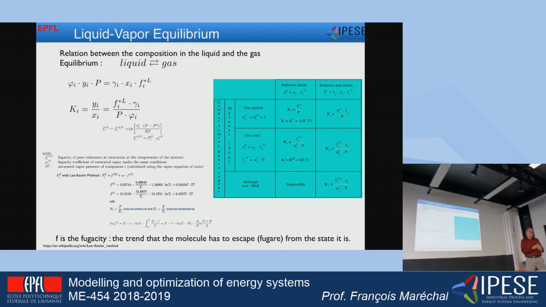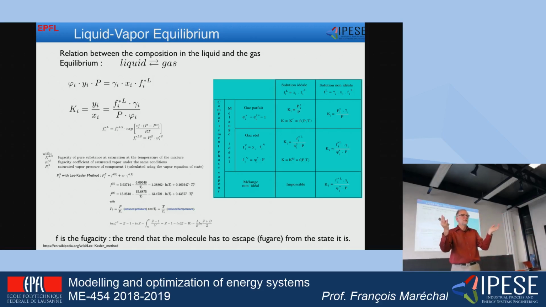For doing this, I'm going to use one property that is named the fugacity. It is the tendency that a molecule has to leave the state in which it is. So the fugacity of water is the tendency that the water in the liquid state has to go into the gas state. For a moment, I know that I'm releasing water in the atmosphere.